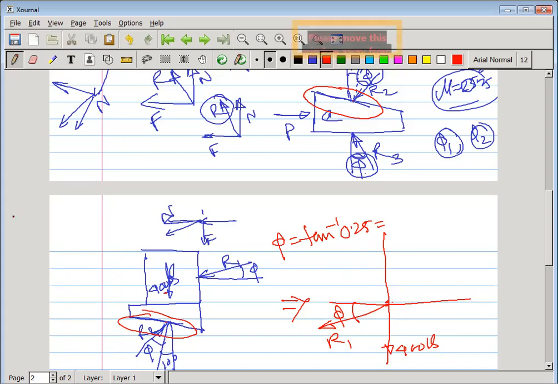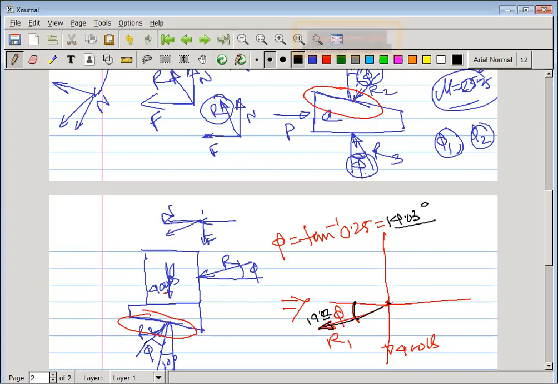Please tell, at least anyone. 14.03, sir. 14.03 degrees. It means one force is in this direction, that is 14.03. Another is R2 here, so here we have to draw R2.